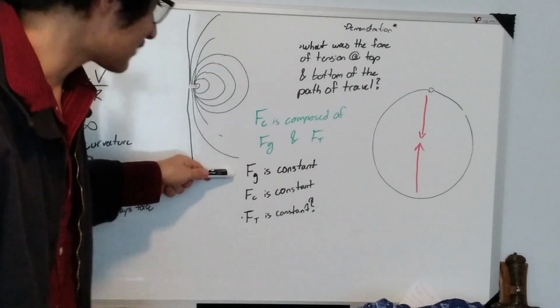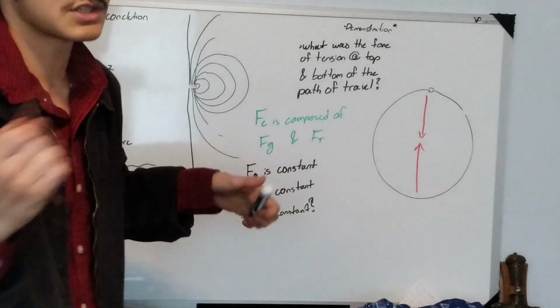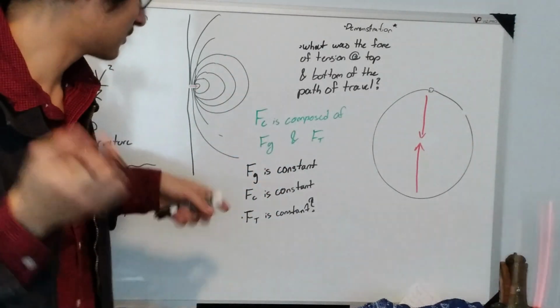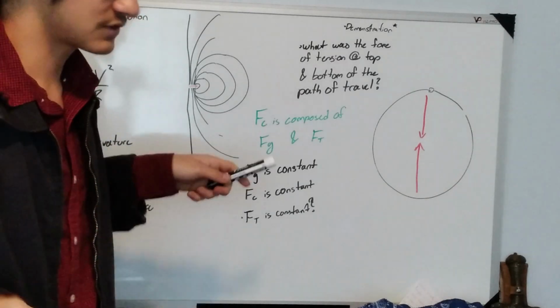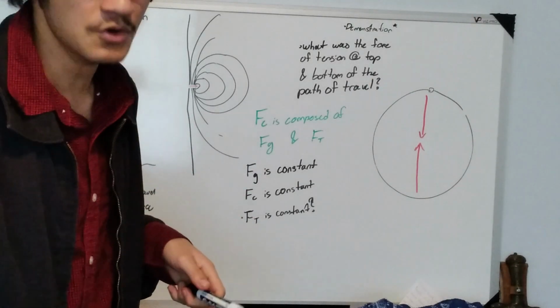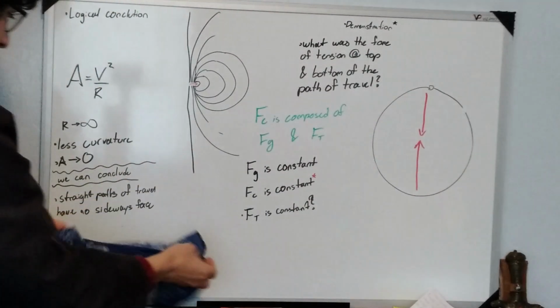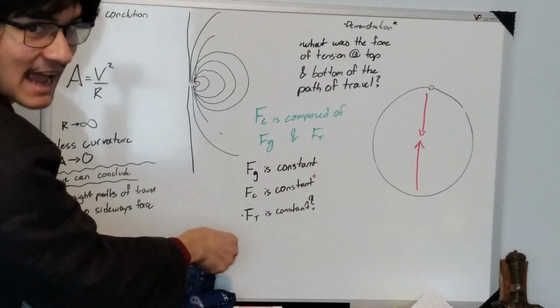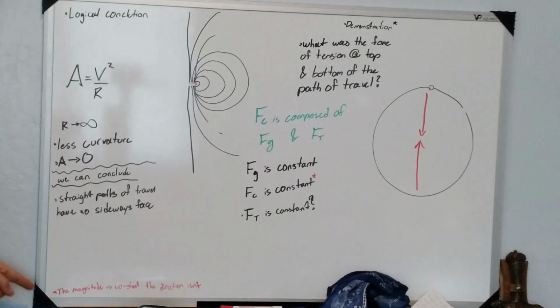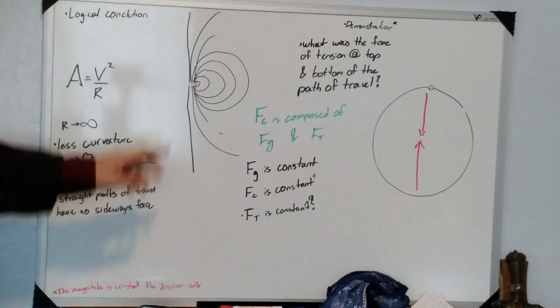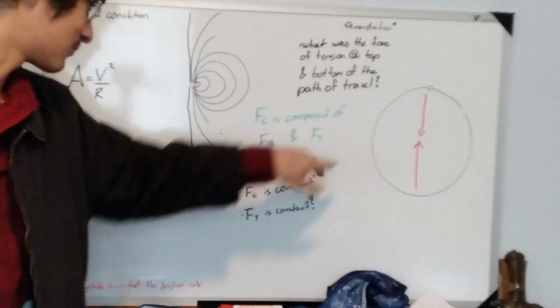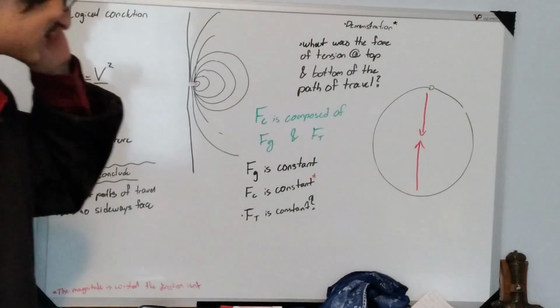So if the force of gravity is constant, and the centrifugal force is constant because it's a perfect circle, then isn't the force of tension constant? No. Well, had you looked at the asterisk and read the fine print, you'd realize that the magnitude of the centrifugal force is constant, but the direction isn't.